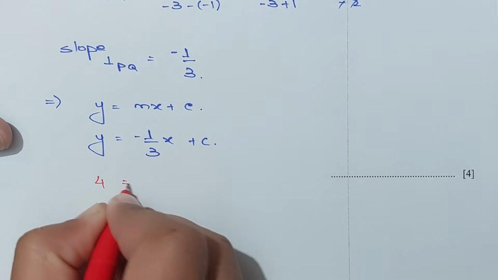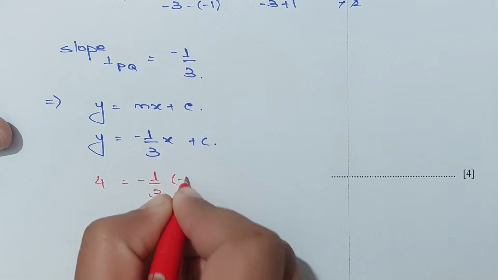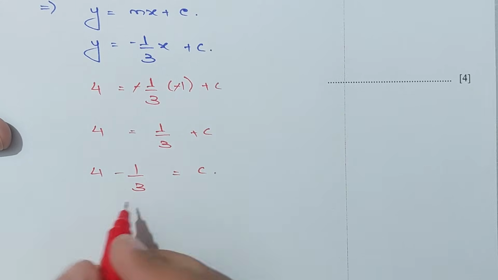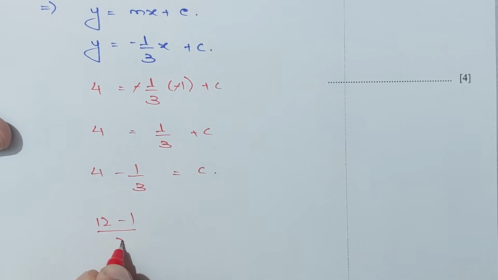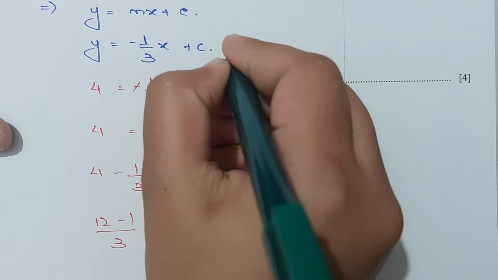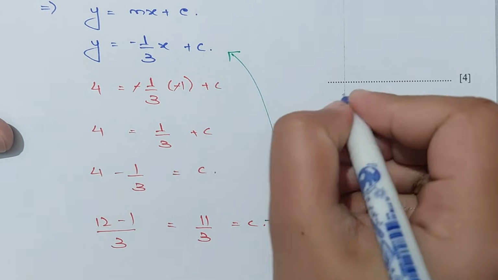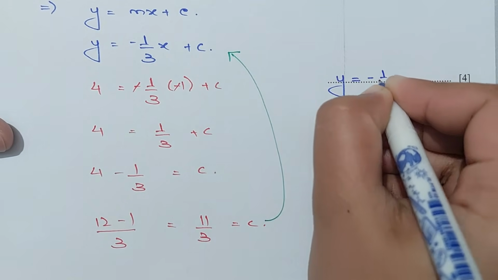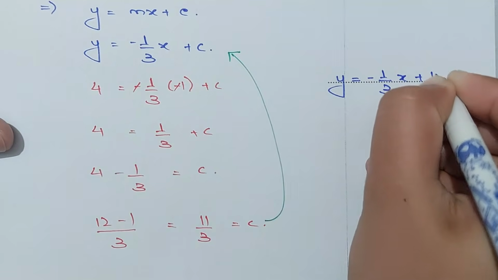So 4 equals -1 by 3 times -1, plus c. -1 times -1 becomes +1, so 4 equals 1 by 3 plus c. 4 minus 1 by 3 becomes c. 3 times 4 is 12, minus 1 over 3, this would be 11 over 3, and this is my c value. Let me plug this c value back into my equation, and you will get the equation of the line perpendicular to PQ: y equals -1 by 3 x plus 11 by 3.